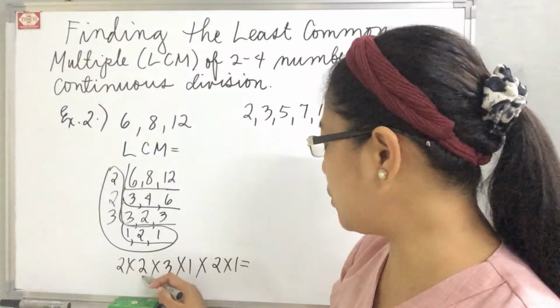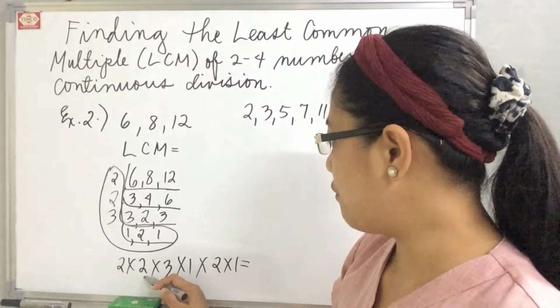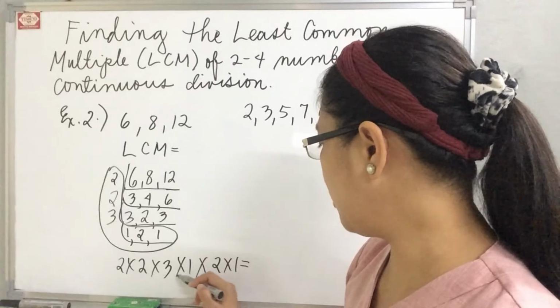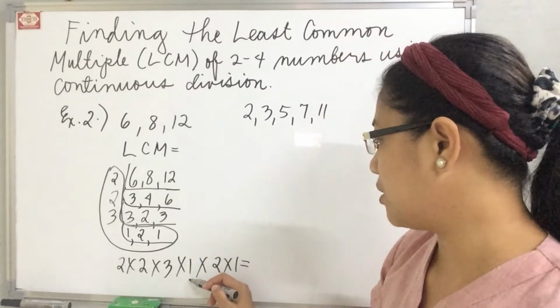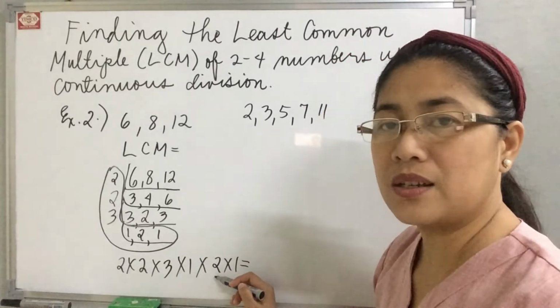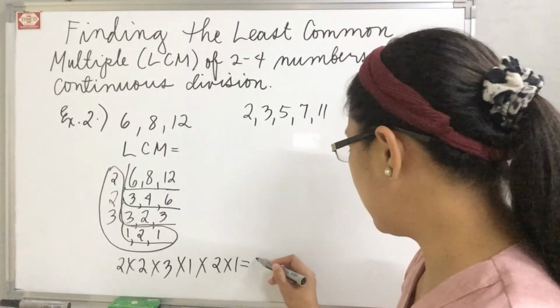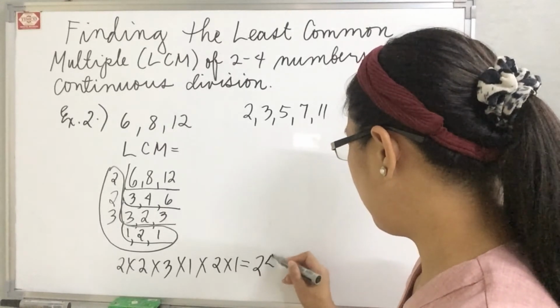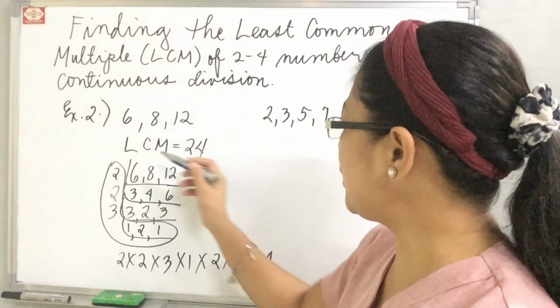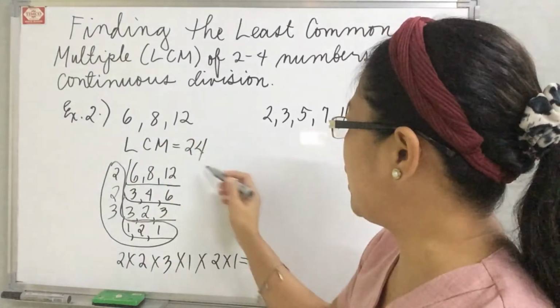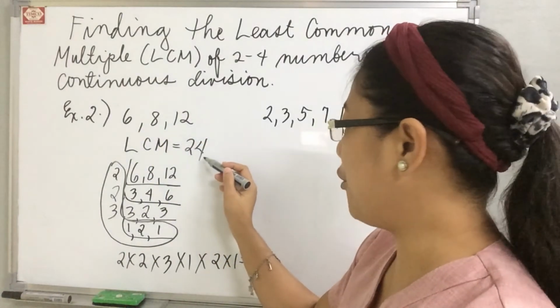So 2 times 2 is equal to 4. 4 times 3 is equal to 12. 12 times 1 is 12. 12 times 2 is 24. And 24 times 1 is still 24. So our least common multiple of numbers 6, 8, and 12 is 24.